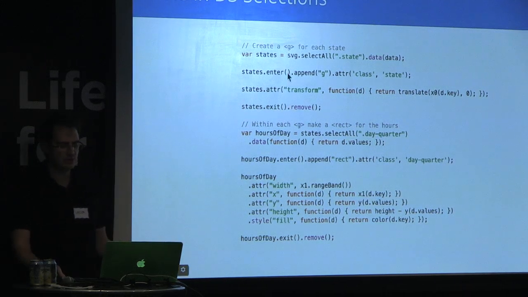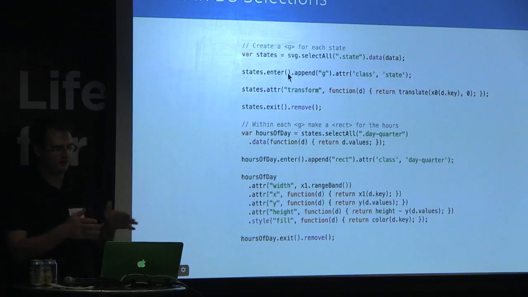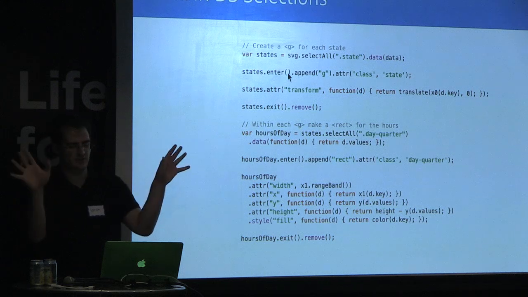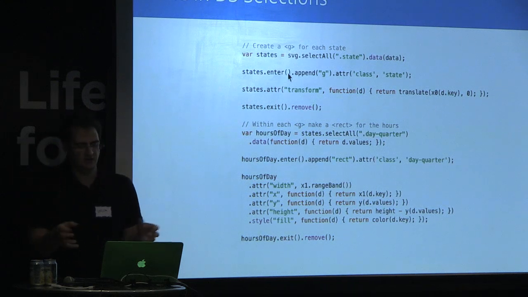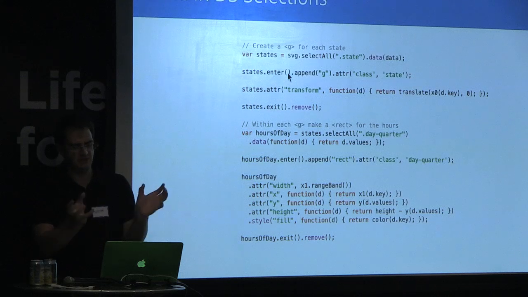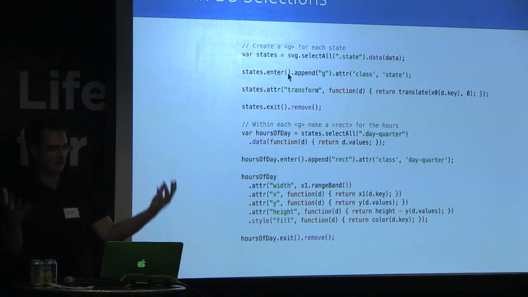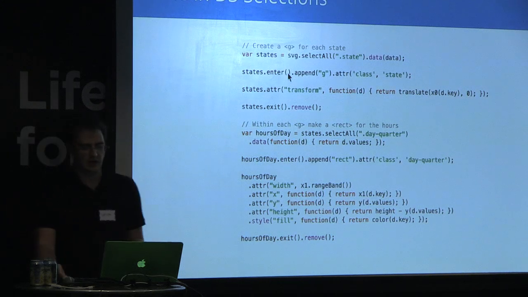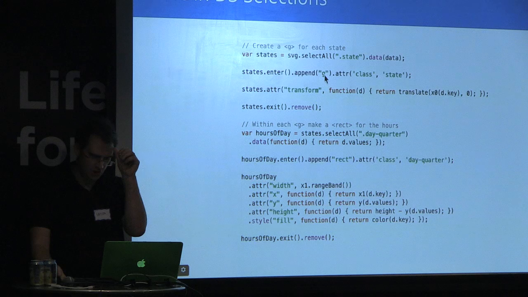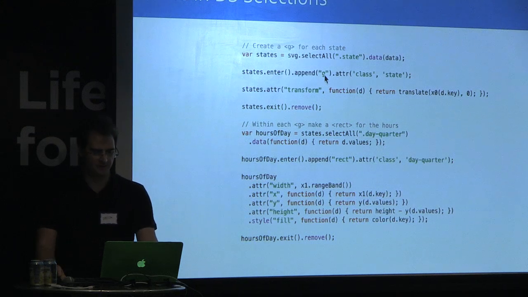The way I imagine it is like having a tree with progressive branching, and D3 is like a thing that consumes it one layer at a time and outputs something out of it. So in this case, this is going to create a bunch of G elements. And G elements are groups in SVG.